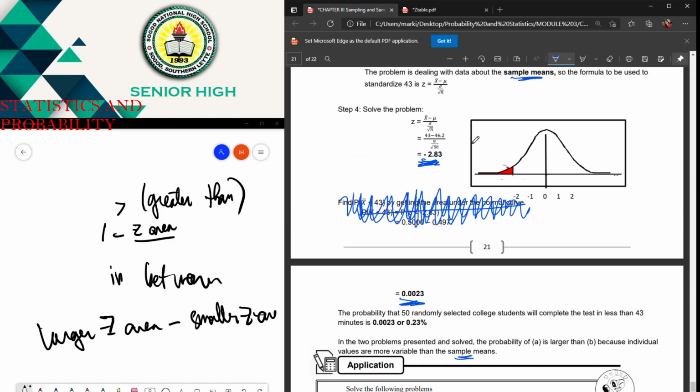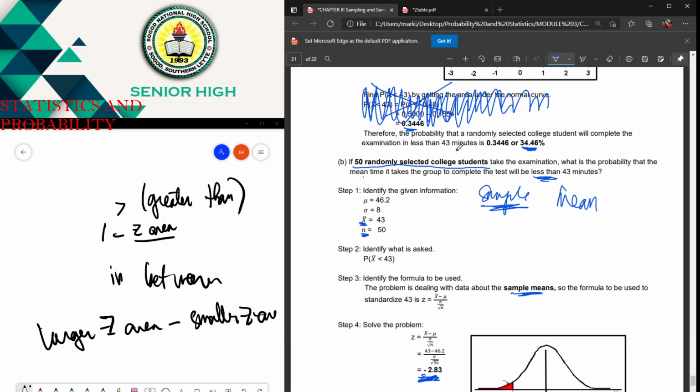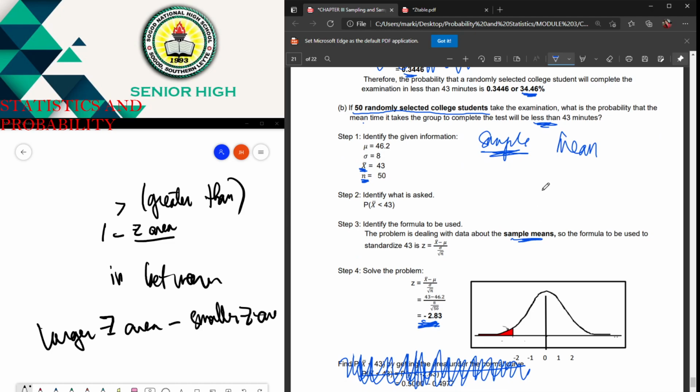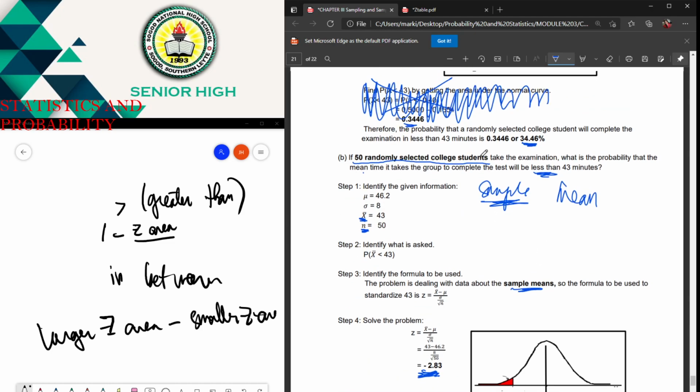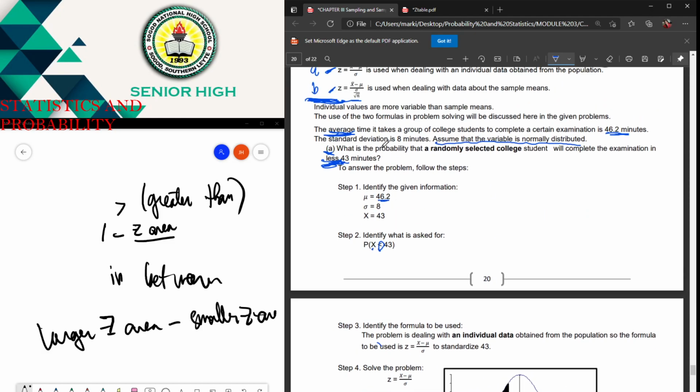Suppose, ma'am, a clue: say for example here, the given is not the standard deviation. Say for example, the average is 46.2, and that is not a standard deviation but a variance.